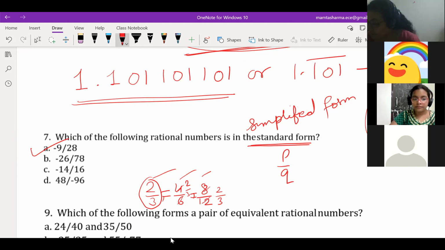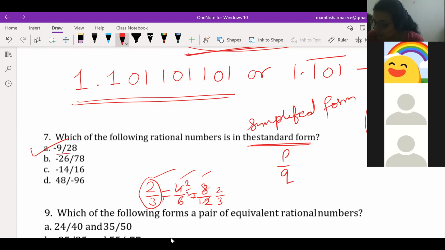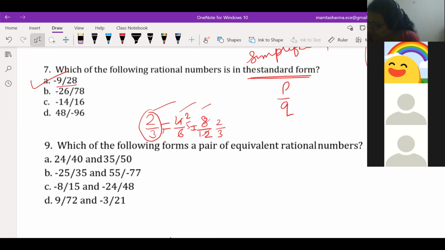Which cannot be simplified further will be our standard form. This 26 by 78 can be simplified, it will be divisible by 2. 14 by 16 will also be divisible by 2. 48 by 96 will be divisible by 2. Correct.